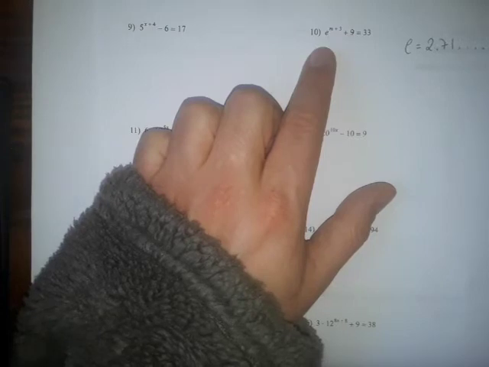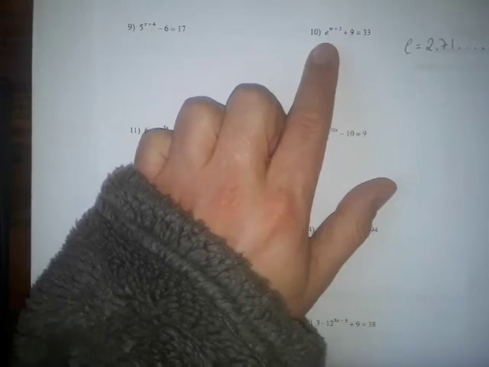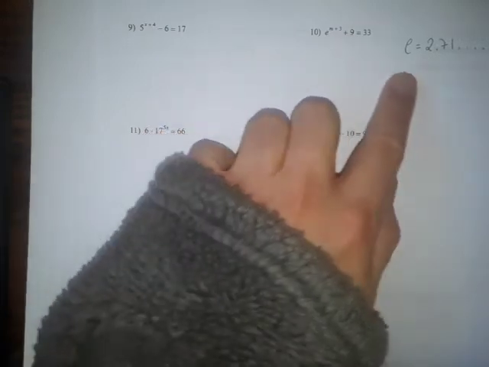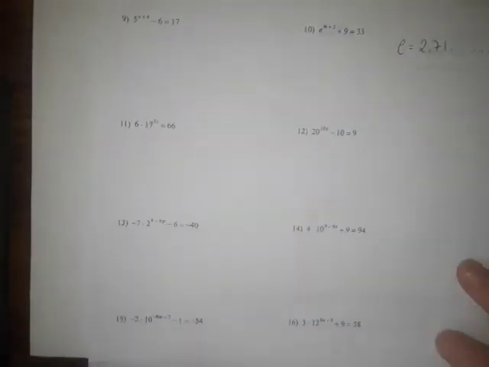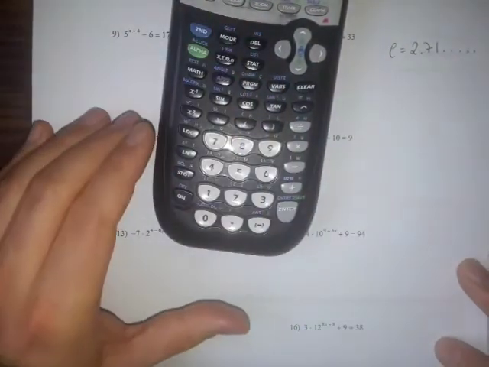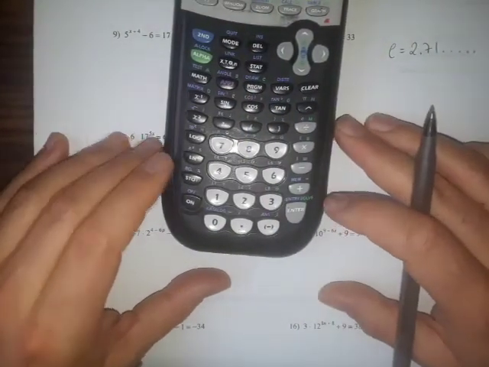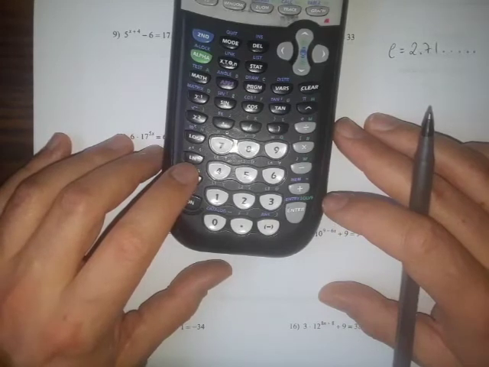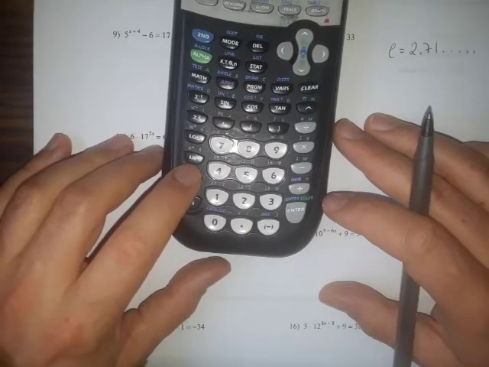Okay? So instead of writing all these numbers, we just write e. This number is so important that in the calculator we have a button that's called natural log. See it in here? Which is actually the log base e.